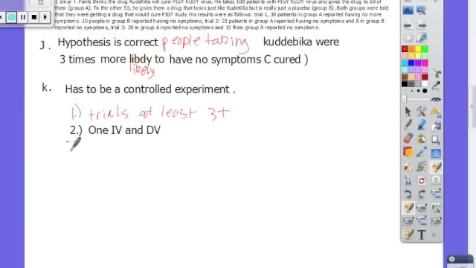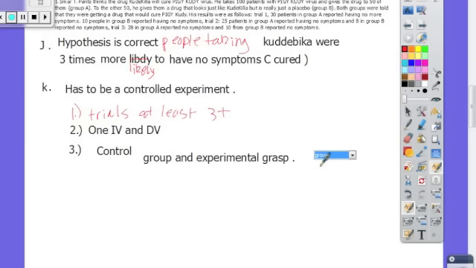Three, they have to have a control group and an experimental group. And they did.